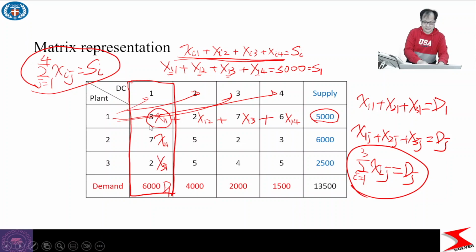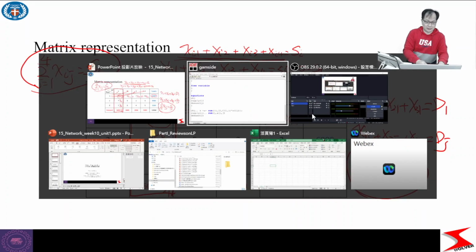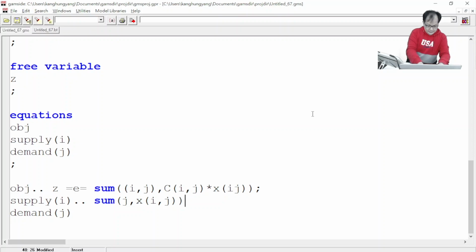You can just use this concept, and you will know why I write the mathematical model in GAMS code like this. It is equal to the supply, and for the demand it is the sum over I of Xij equal to Dj.